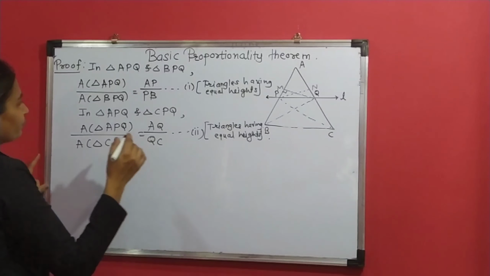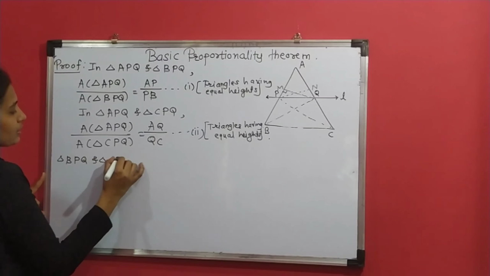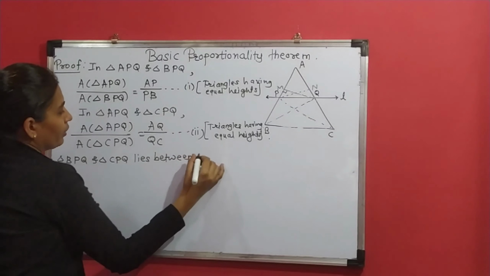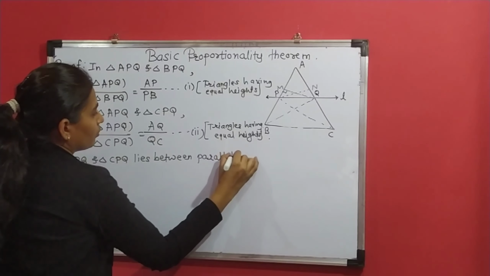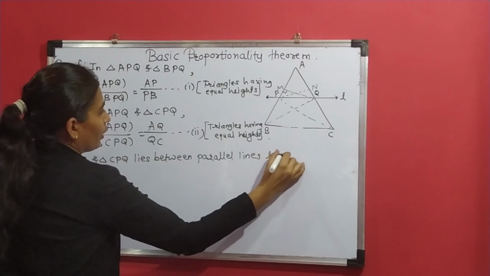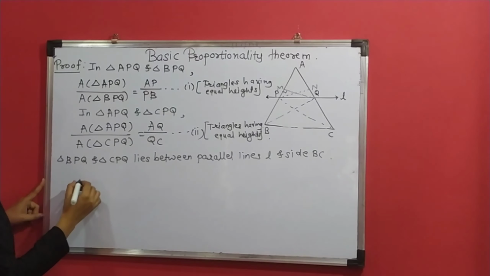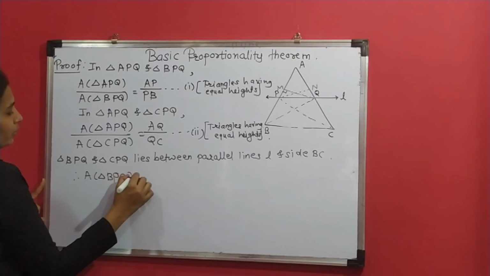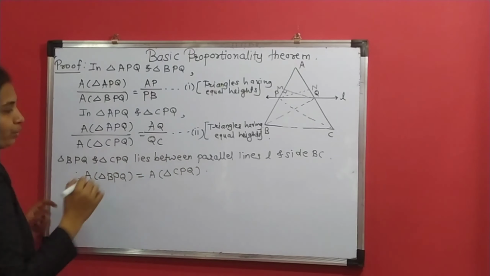So students, I can write here triangle BPQ and triangle CPQ lie between parallel line L and side BC, therefore area of triangle BPQ equals area of triangle CPQ.